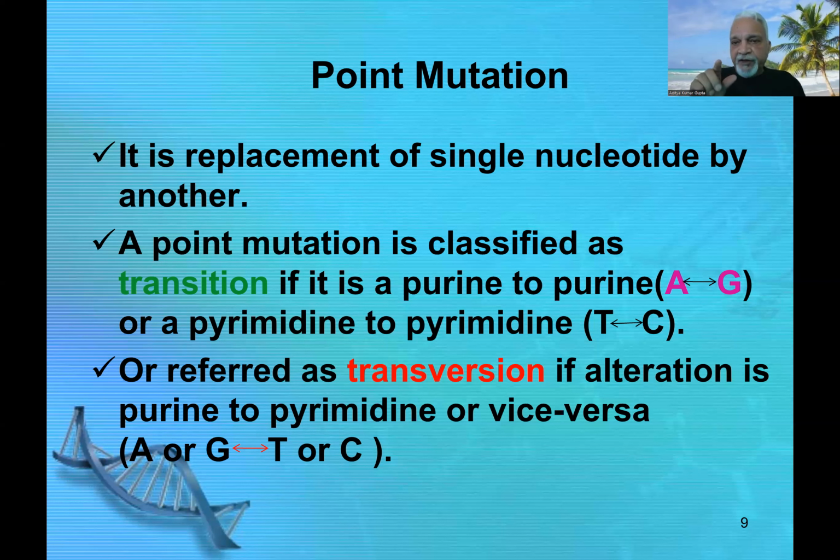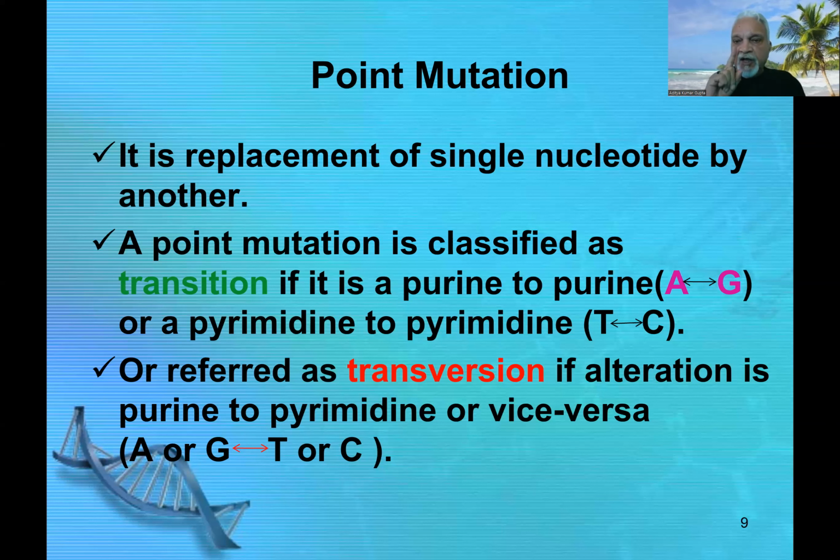In a gene sequence, if A is there, A is changed to G, or T is changed to C. So the sequence is changing. Where it was A, it becomes G. And if it was T, thymidine, it is changed to cytosine. Only one base change. Therefore, it is called a point mutation.